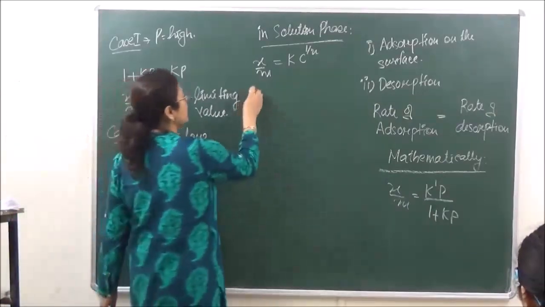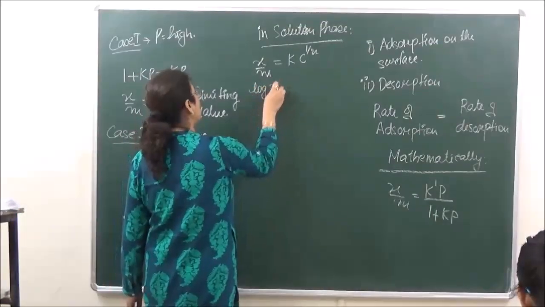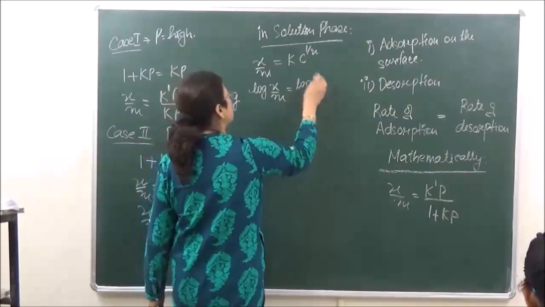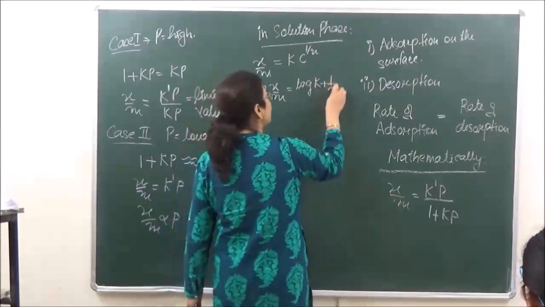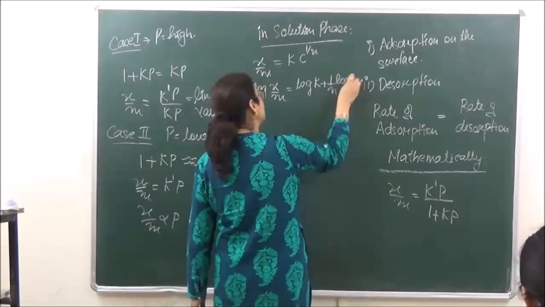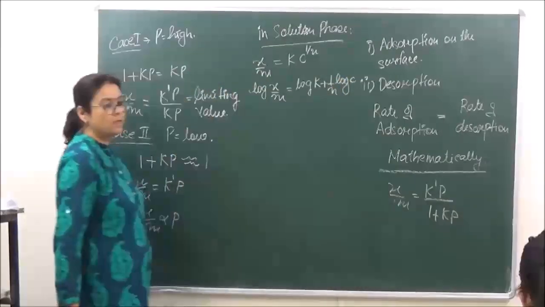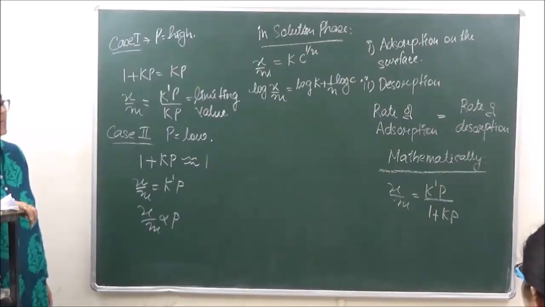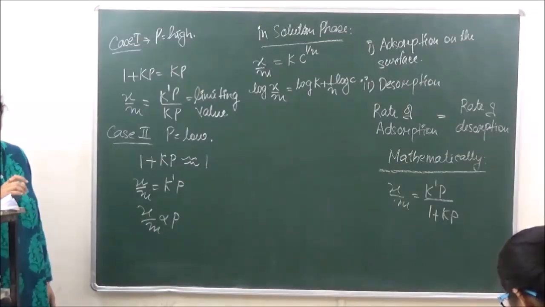Applying log on both sides, what will we get? Log of x by m is equal to log of k plus 1 by n log of c.